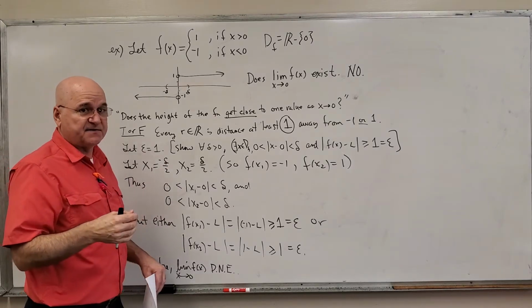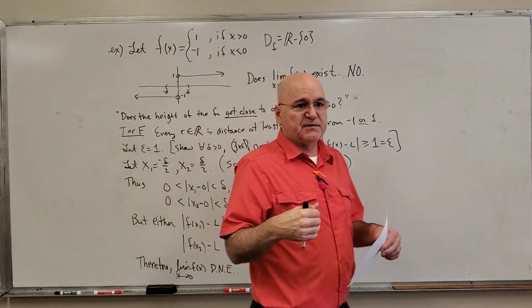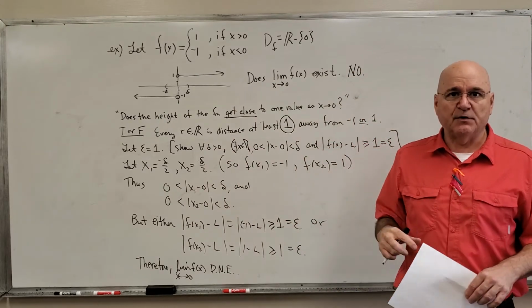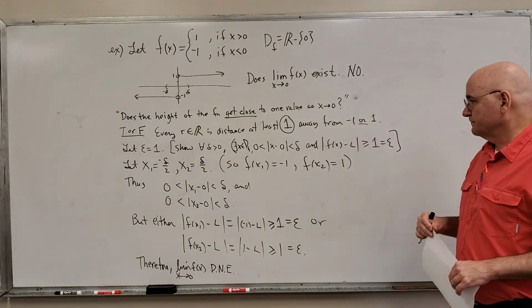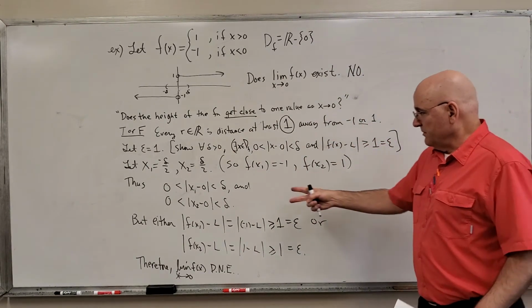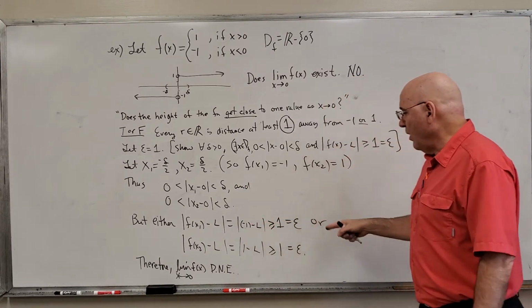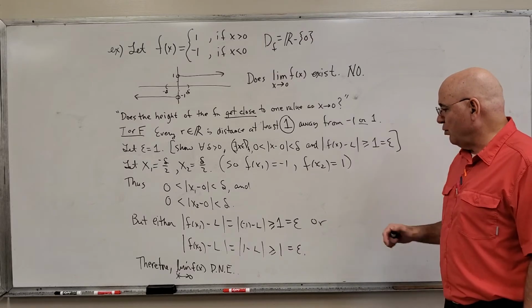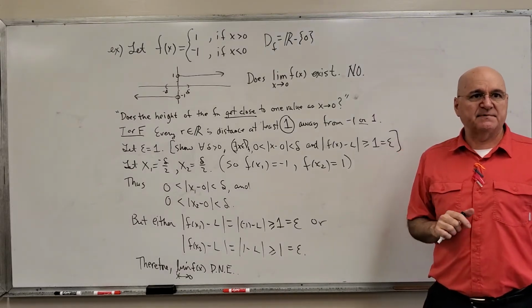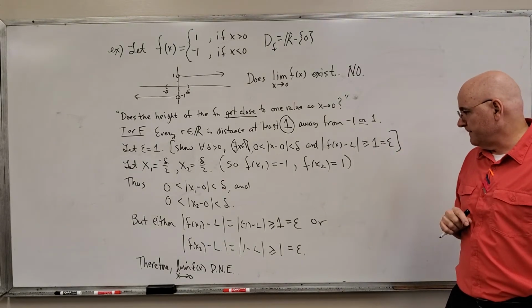Whatever delta is, x1 and x2 are plus and minus delta over 2. So these two values are close to 0, but one of them has to be at least 1 away, epsilon, as we talked about a little bit earlier.